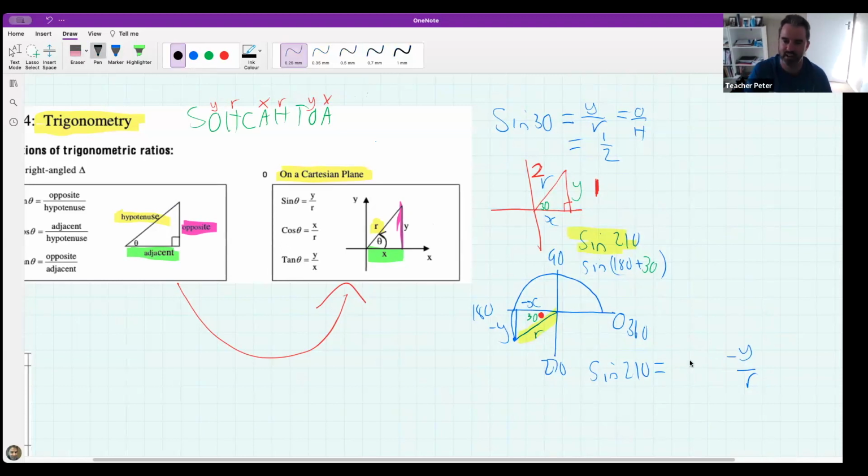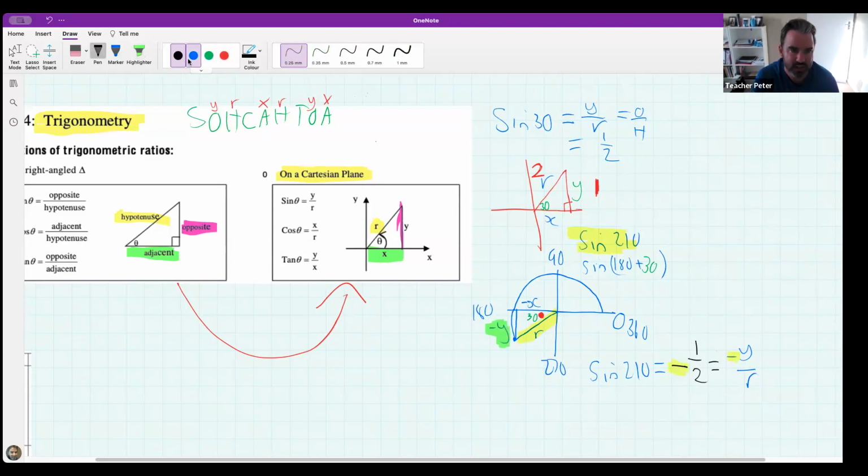Do you get a half, or does it change somewhat? In your calculator, what you're going to notice is the sine of 210 is minus a half. And the reason it's a minus is because of that minus that's sitting over here, because it's in what we call quadrant 3.